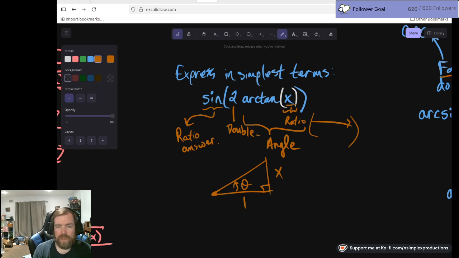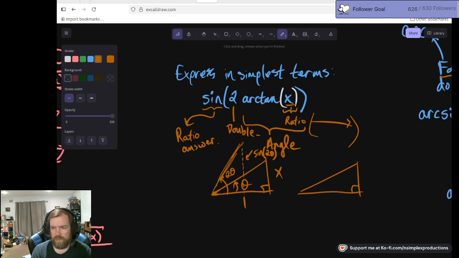So now we want to be able to double this angle and then figure out from here what our sine is going to be, because that's really what we want. But that's kind of a pain in the rear, so we're not going to do it 100% directly. What we're going to do is we're going to say this is a right angle, this is x, this is 1. This is theta.